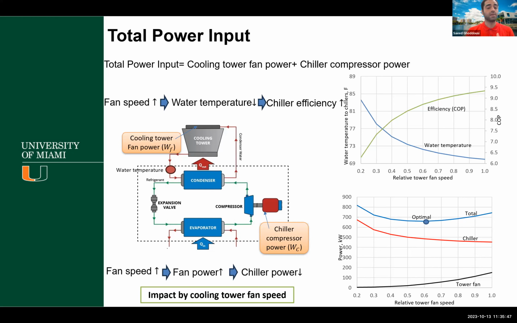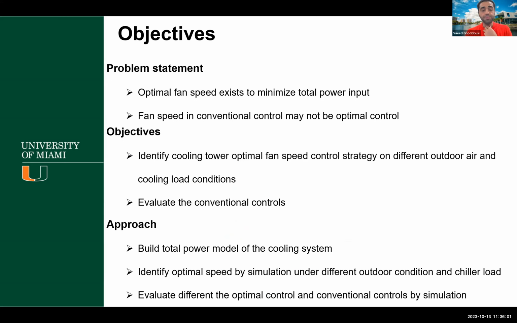Based on this slide, we found that the cooling tower fan speed can affect our system's optimal control, and our cooling system works efficiently using the optimal point, right? Based on that, we want to provide our objective.